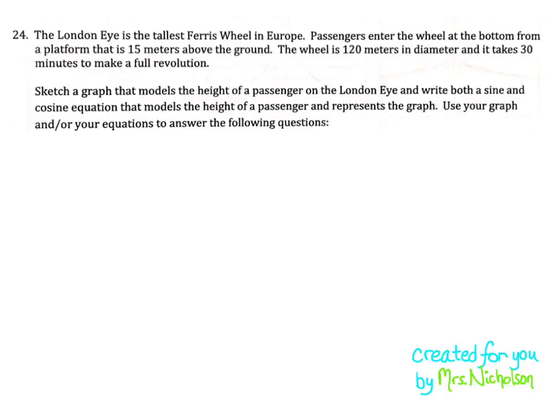So, we're just doing a sketch here. No graph paper. It doesn't have to be perfect. They told us that the passengers get on at a platform that is 15 meters above the ground, and the diameter of the Ferris wheel is 120 meters.